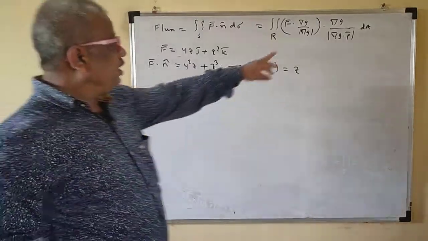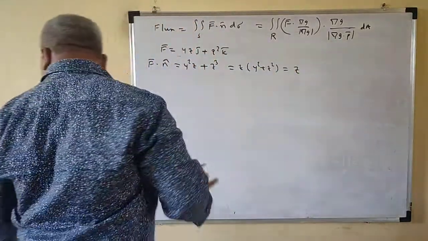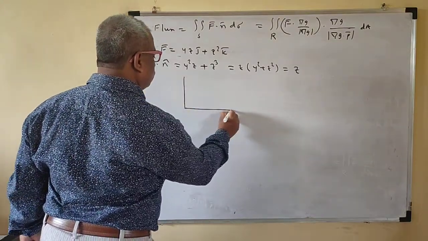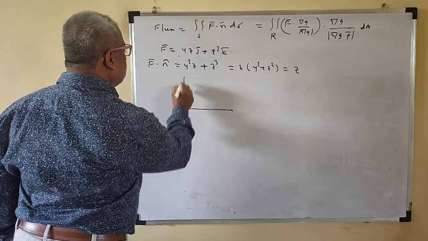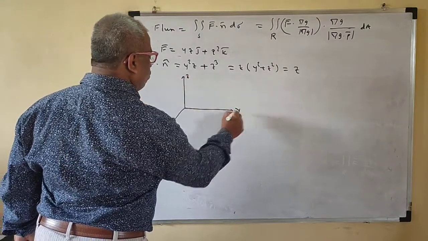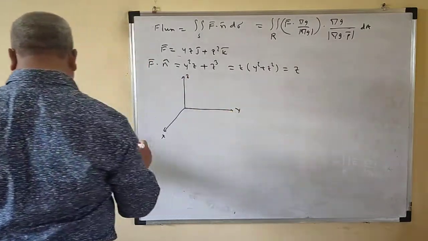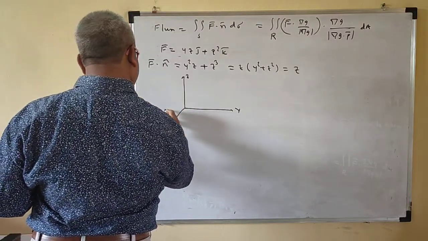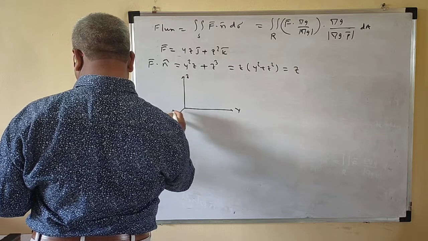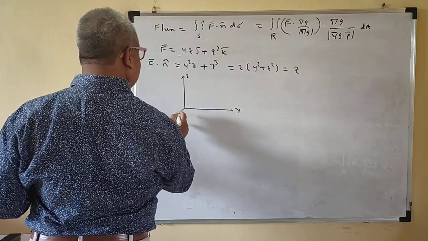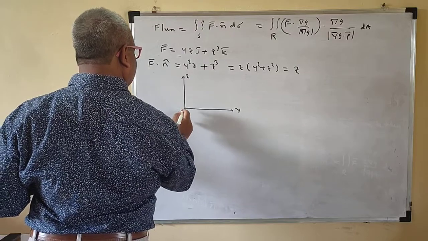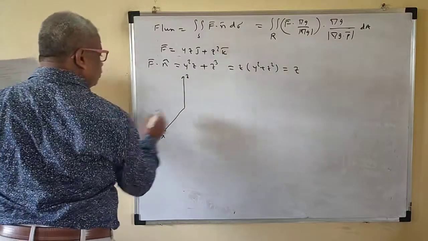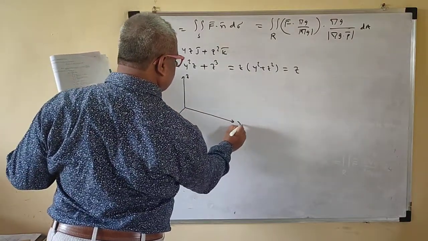Now to find this p bar, we'll draw the figure. This is your z axis, this is your y axis, this is your x axis.